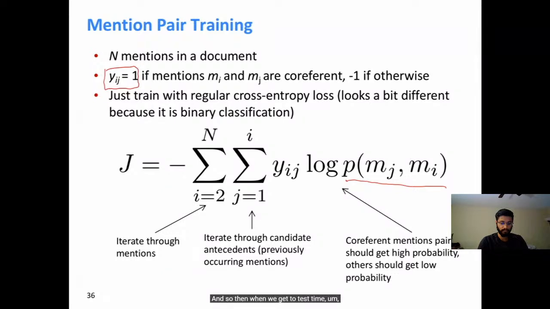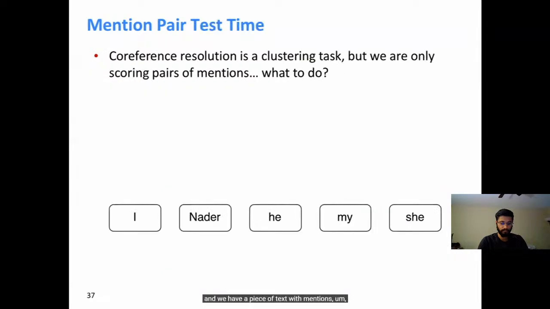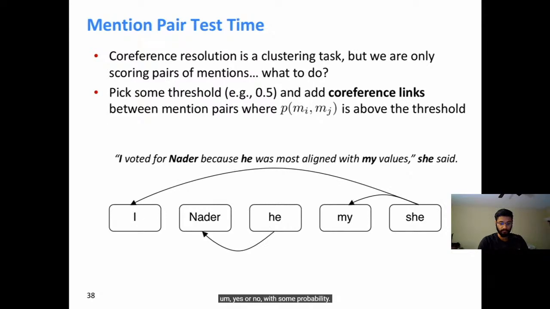And so then when we get to test time, and we have a piece of text with mentions, we're going to run this classifier, and it's going to say yes or no with some probability. And if we pick a threshold like 0.5, we'll add certain coreference links.